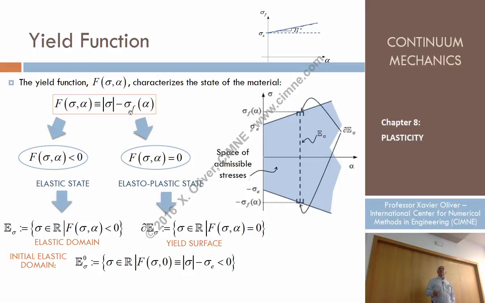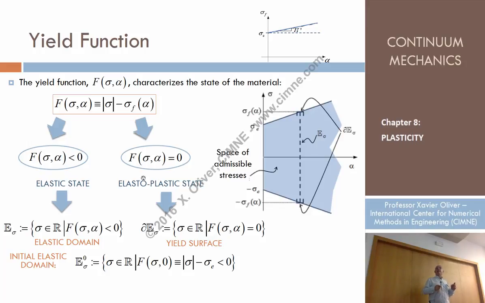So that's the yield function, which is a sort of test that allows defining, given a stress state and an internal hardening variable value alpha, whether f of sigma alpha is smaller than 0. That means that we are in an elastic state, and then we can take decisions about that. If we check that this is strictly equal to 0, we are in an elastic-plastic state. That is, we are at the boundary, and then we'll take some decisions according to that.